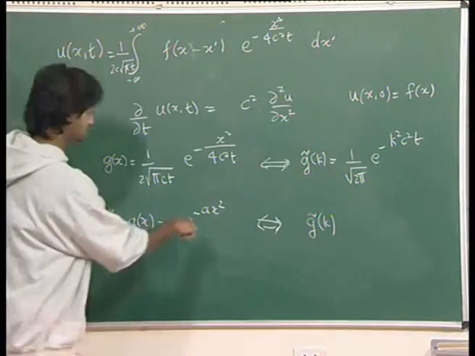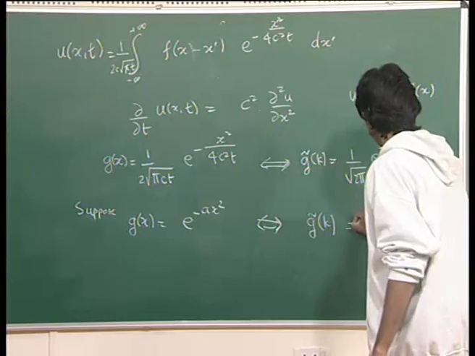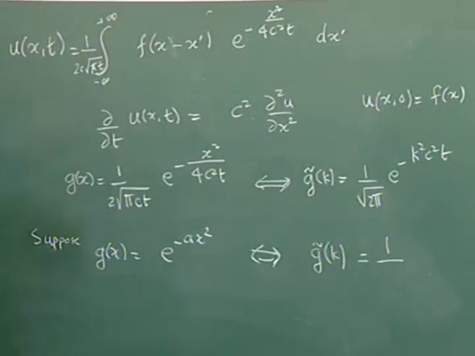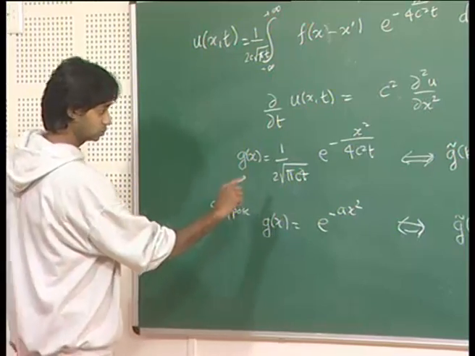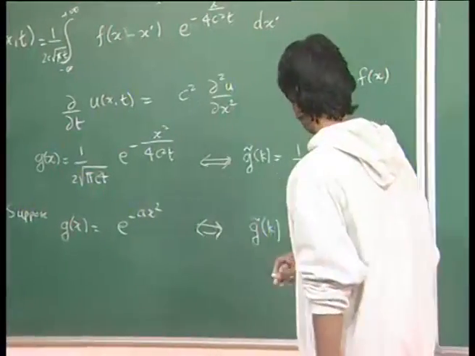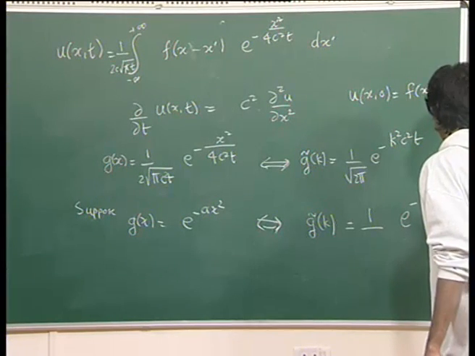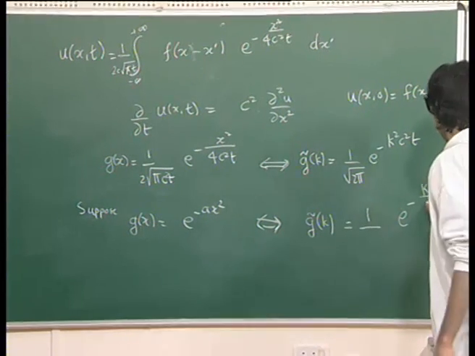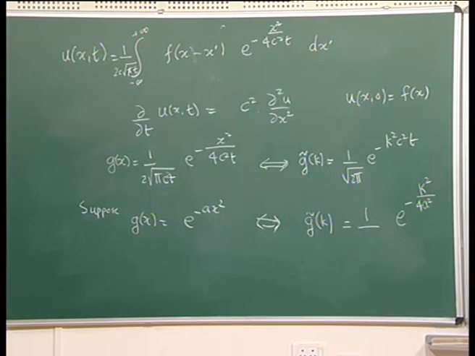You can just go ahead and do this, and what I will get is the following. We have to put the constants properly, 2 root pi, and with some constant of proportionality, this will just be e to the minus k square by 4 a square.